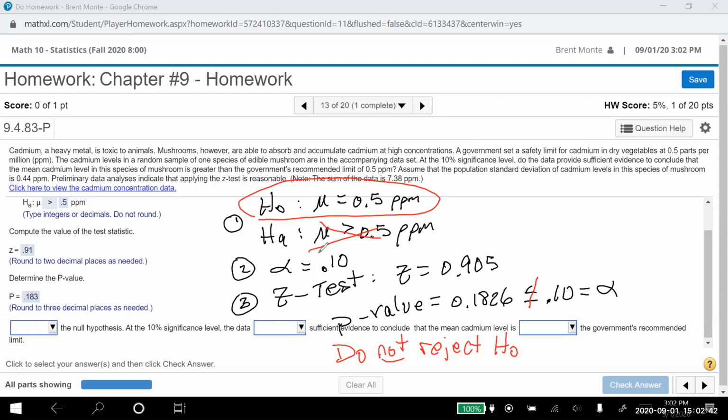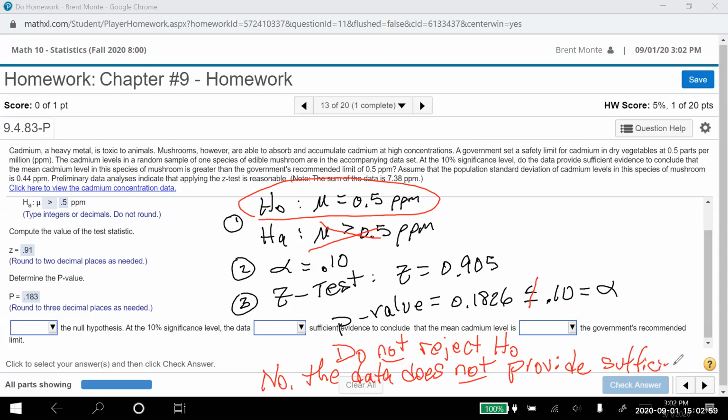So now when I state my conclusion in terms of the alternative, I say, no, the data does not provide sufficient evidence to say what the alternative was, that mu actually is greater than 0.5 parts per million. And so notice my conclusion is still in terms of the alternative hypothesis, not in terms of the null hypothesis, but in terms of the alternative.